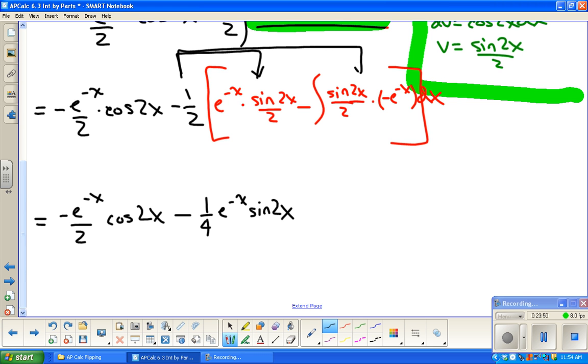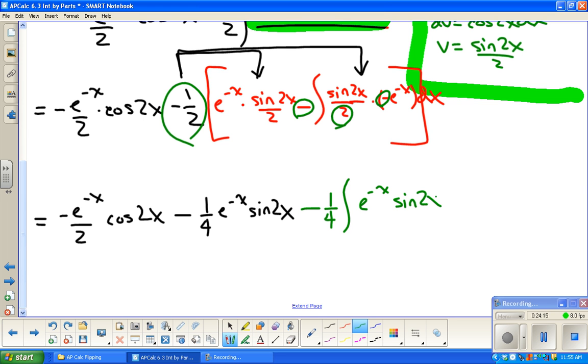I have a negative and a 2 and all of that. So this is all going to be negative times a negative times a negative, negative 1/4 e to the negative x. Oh, sorry, I need the antiderivative. The antiderivative of e to the negative x sine 2x dx.